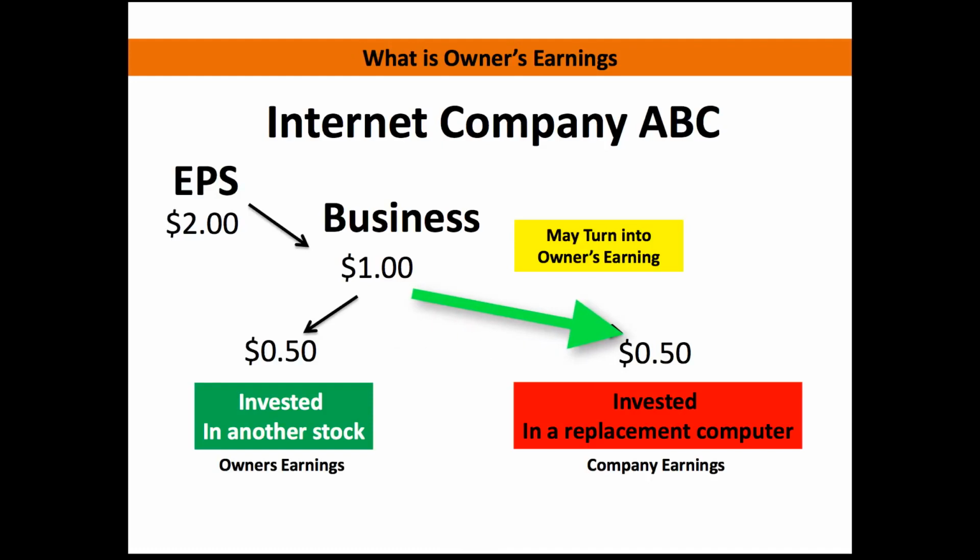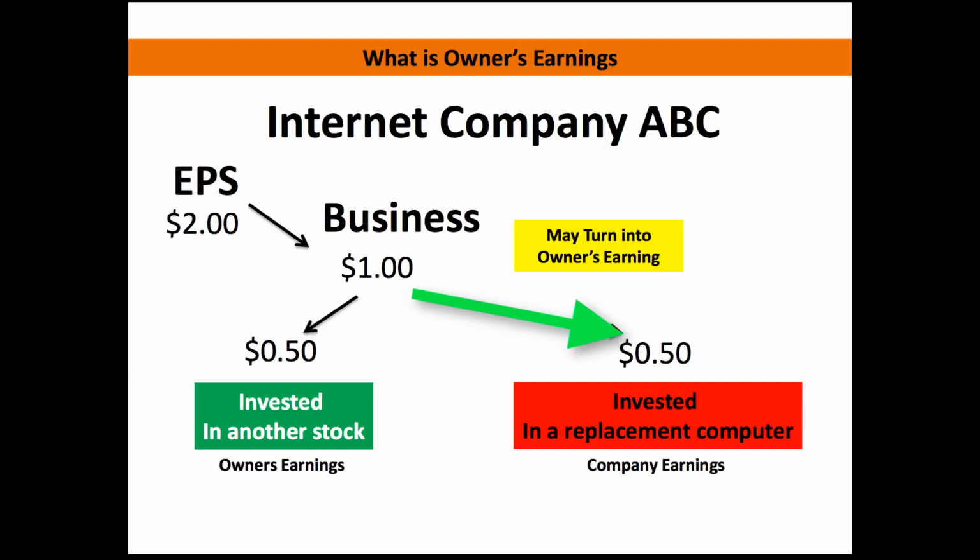Now, the other 50 cents, as we look to the bottom right there, was used to invest back into the company, but it was invested in a manner that replaced the computer, we'll say, that they already possessed. Okay, so imagine the old computer being on the balance sheet listed as an asset.